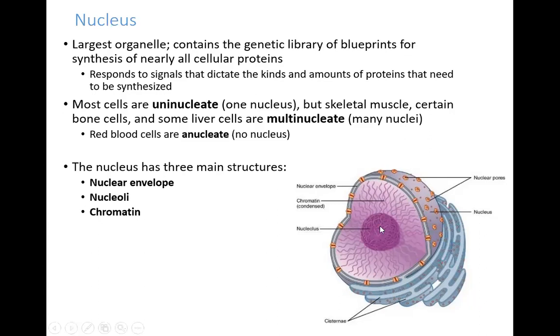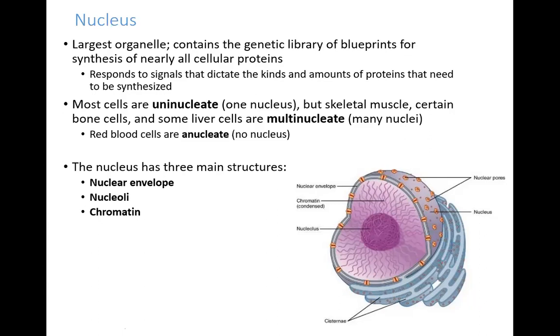So now when you're looking at a nucleus, what do you got? Well, the outer covering of the nucleus is called the nuclear envelope or nuclear membrane. So it's the membrane of the nucleus, and it's a phospholipid bilayer, just like the cell membrane. Within the nucleus, we've got a structure called the nucleoli. That's where we're going to make the messenger RNA. And we have something else called chromatin.